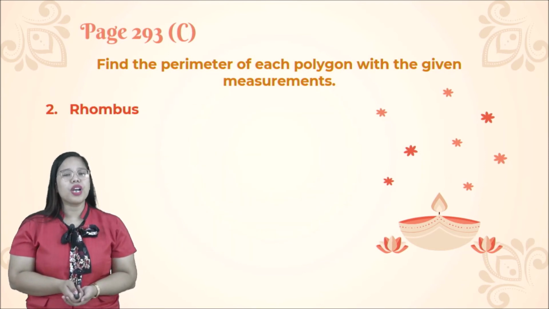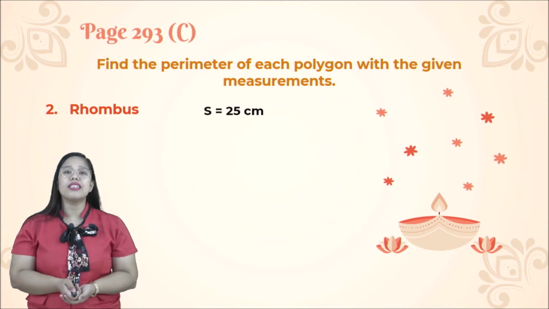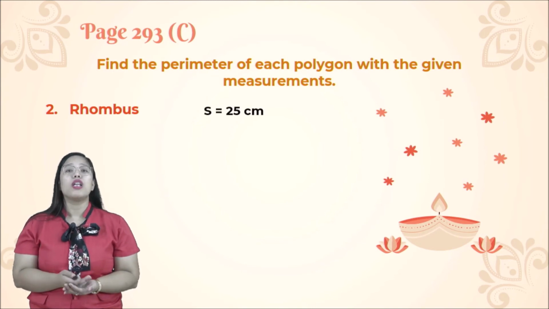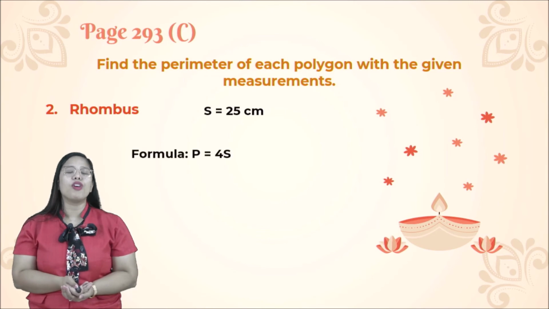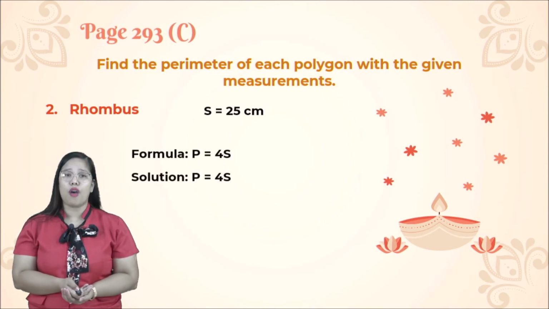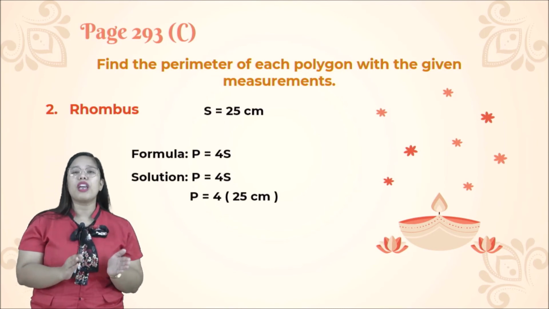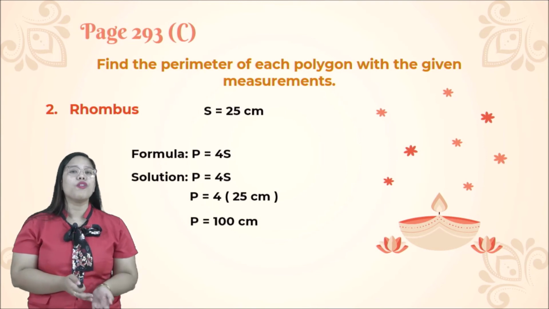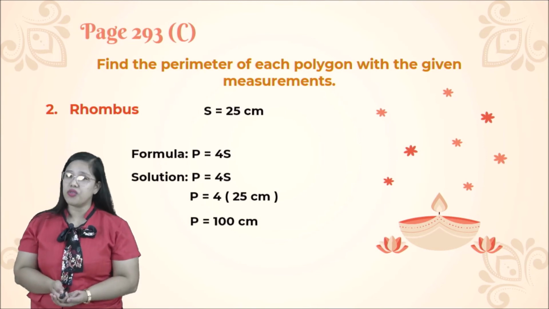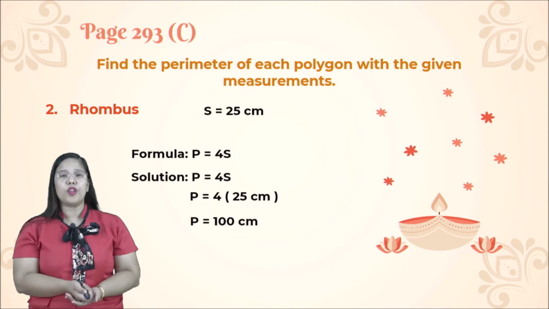The next one, we have a rhombus. In the rhombus, again, kids, we have a side of 25 centimeters, and our formula is 4S. So we will just substitute the value of S, which is 25 centimeters. We will just multiply 4 and 25. So 4 times 25 is 100 centimeters. So our answer is 100 centimeters.